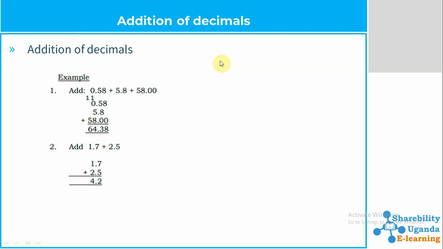That's when you can get the right answer. So here we want to work out some examples. You can be given these examples in various forms, and they tell you to find the answer.